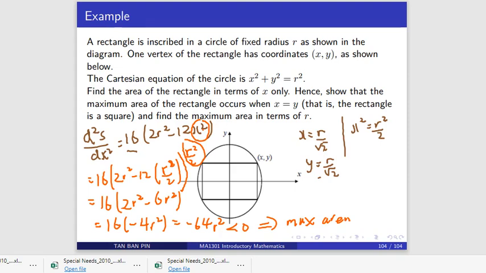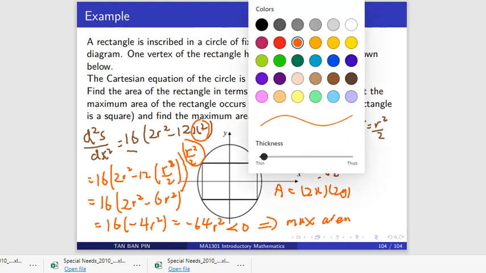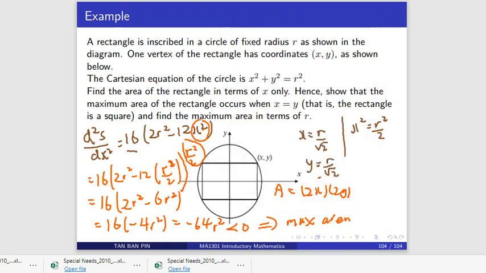After that you're supposed to find area. And area is actually 2x times 2y, right? Just now we noticed that this length is 2x, then the height is 2y. So it's 2x times 2y, so it's actually 4xy.